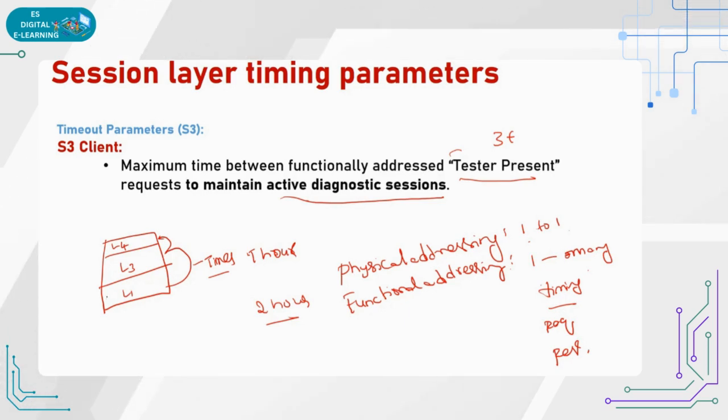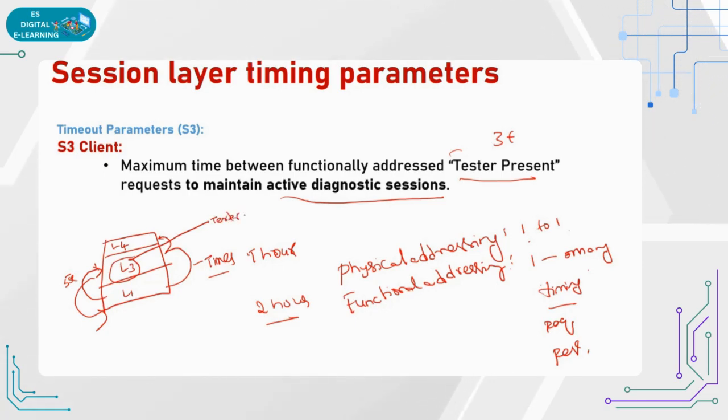Whenever you jump from L2 to L1 to L3, it will stay for 5 seconds only. After that, it will come back to L4. So to make you stay in the same session, the tester present will be active. So this tester present is S3.